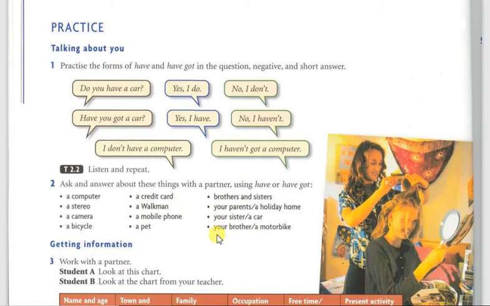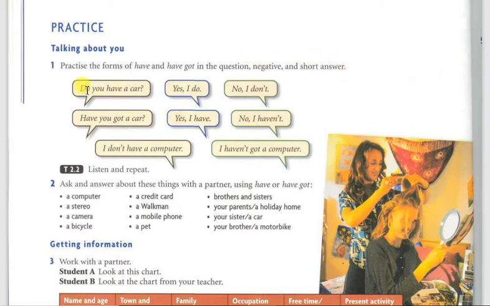Now we come to practicing talk. Here, girls, what is required from you? Here you have to practice the verbs have and have got in questions and negatives and short answers.